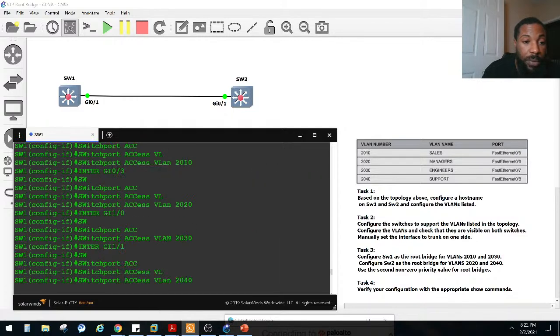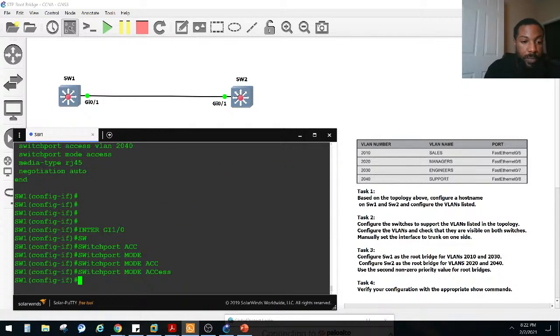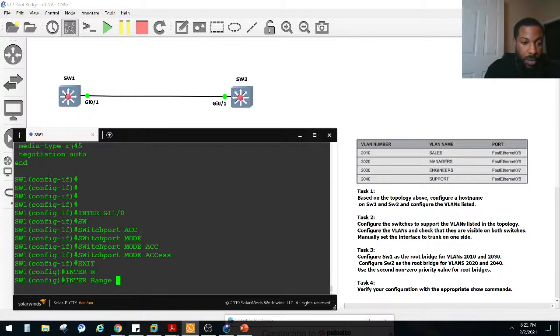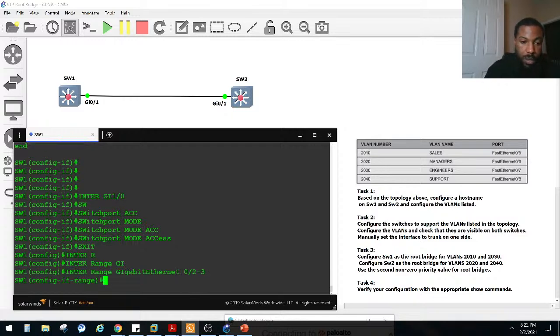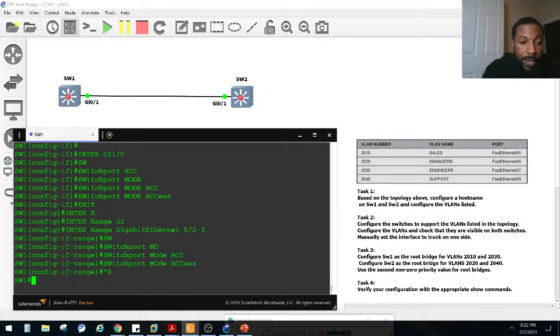So we did gig 1 0. I need to do the range 2 and 3. Interface range 2 through 3, and then just switchport mode access. We need to hurry up and move on, right?